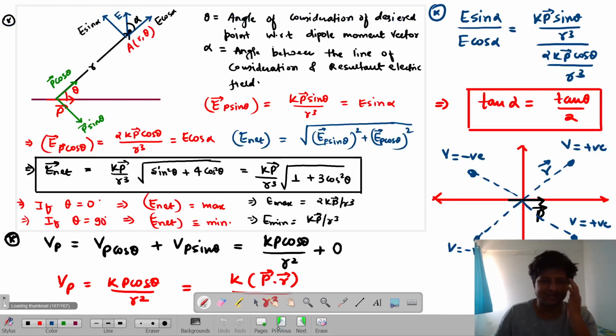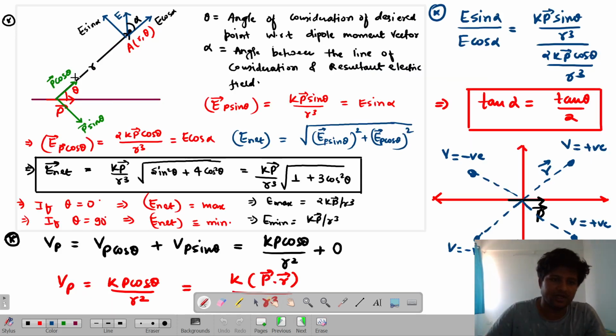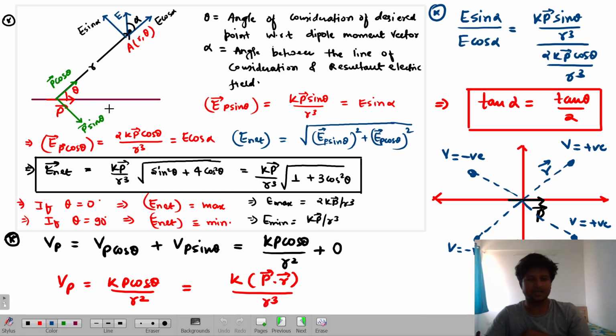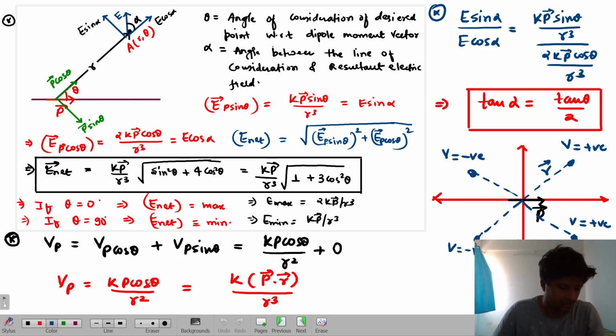Whenever you get a dipole and you take the resolution, you have basically how many components? Two components, one along the perpendicular, one along the parallel, isn't it? Are you able to get me? And for both of them, the electric field will exist, isn't it? So you have to think in that sense only. Is that clear or not?